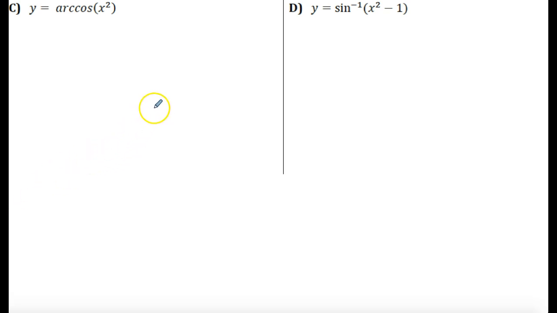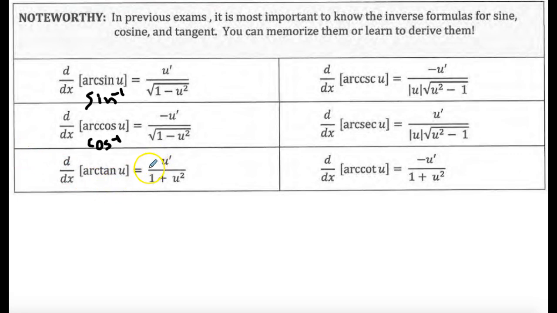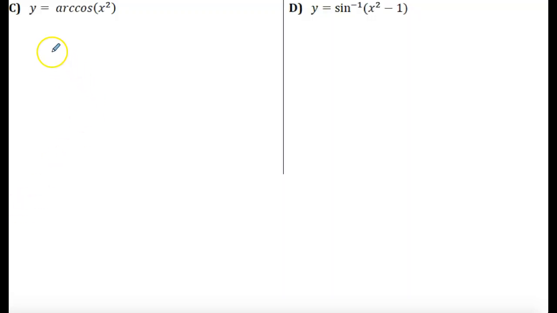All right, let's go ahead and take a look here. So here, we've got y equals arc cosine of x squared. Remember, that means the exact same thing as inverse cosine of x squared. So our rule for the derivative of arc cosine is negative u prime over the square root of 1 minus u squared. So y prime equals negative, just put my negative out front there, u prime.